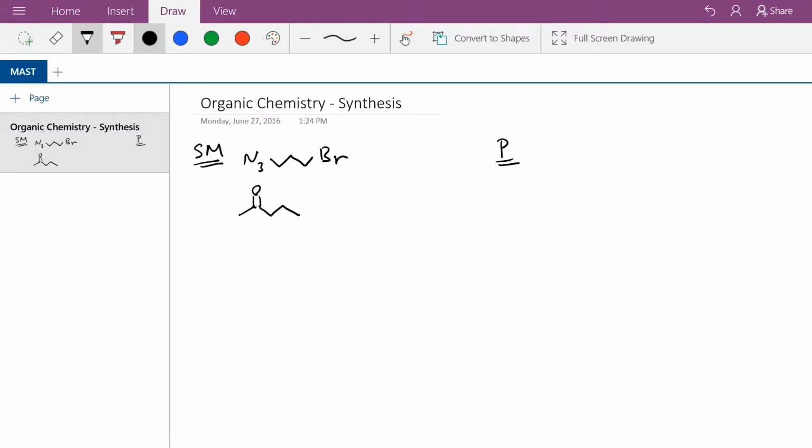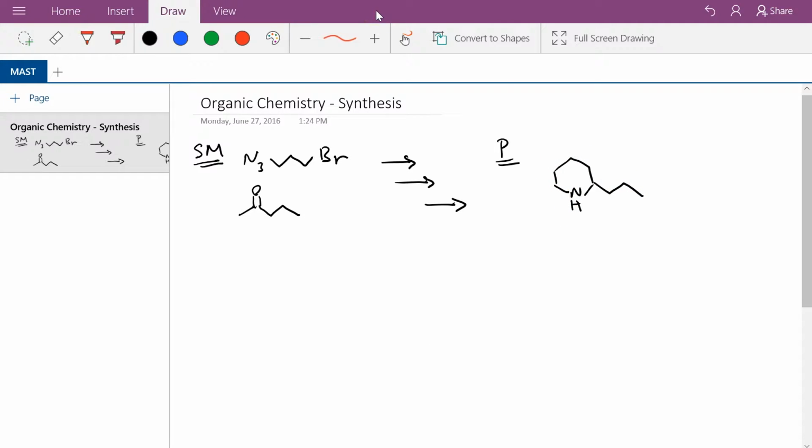So those are your starting materials and your final product. And you want to provide a series of reagents that'll go from these starting materials here to this final molecule here.